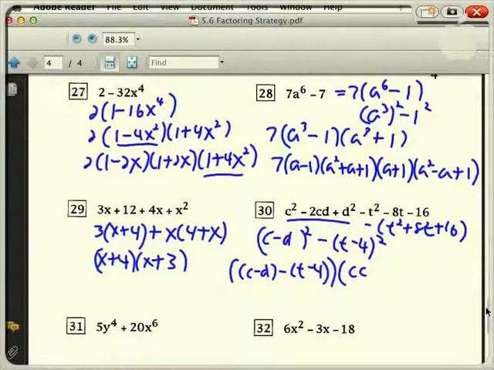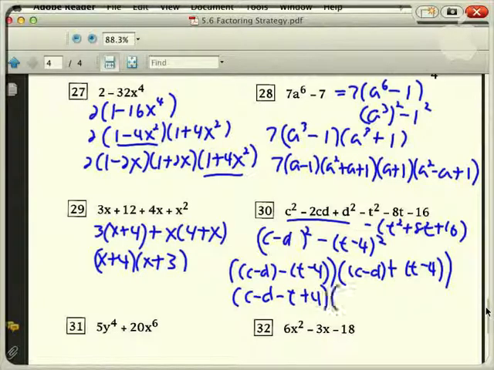And then c minus d plus t minus 4. And that can be cleaned up a little bit. This is going to be c minus d minus t plus 4 times c minus d plus t minus 4. That's a mouthful.